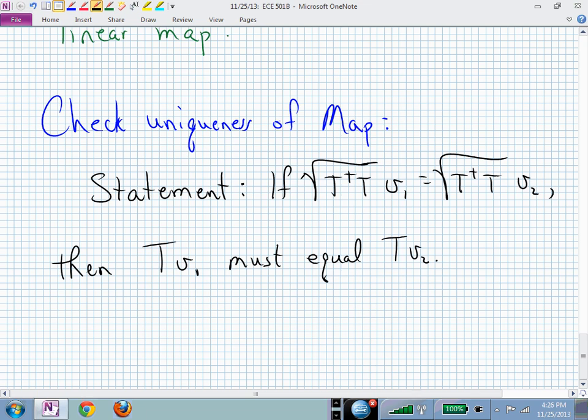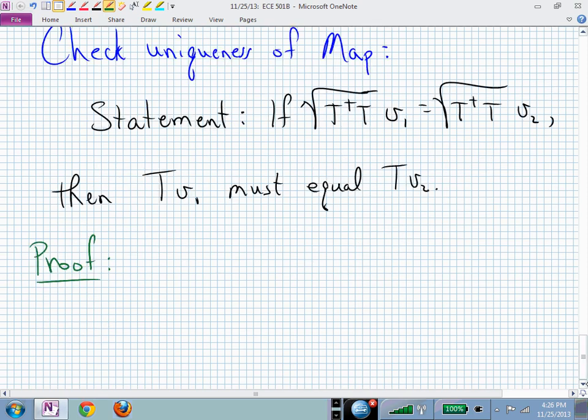So let's now try to prove that. Now we have proofs within proofs within proofs, don't we? So here is now a proof of this last piece. We have TV1 minus TV2, and we're really trying to show that that's equal to 0 if the positive square root of T dagger T operating on V1 and V2 is equal.